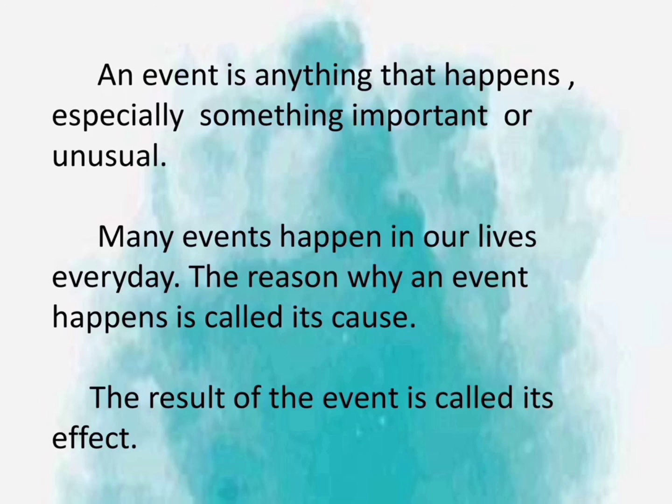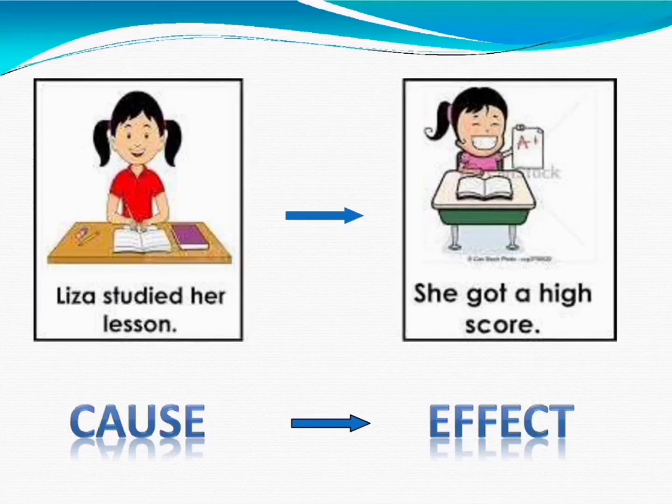The reason why an event happened is called cause. The result of the event is called its effect. Here, Lisa studied her lesson. She got a high score. Because of studying well, she got a high score. The reason behind getting a high score is studying well. So Lisa studied her lesson is a cause, and she got a high score is an effect.